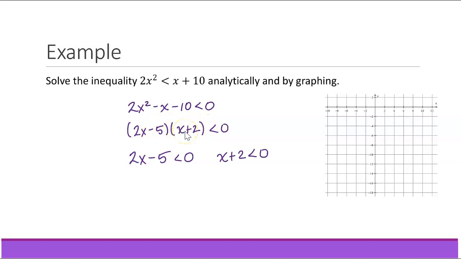That's one way to get a negative answer, or vice versa. So we can't use that same logic here. I cannot solve this problem by setting each factor less than 0. That only works if I have a quadratic equation. Once I have any inequality, this way of thinking no longer applies.